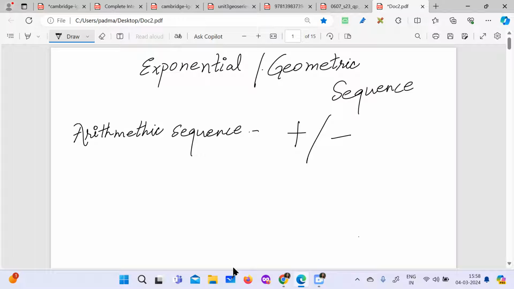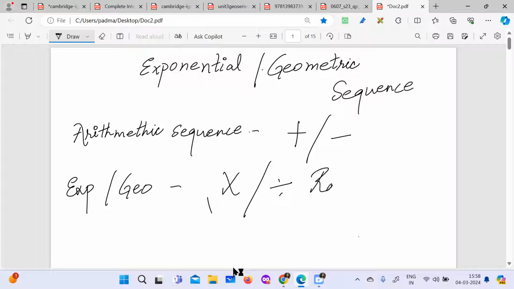When we speak about exponential or geometric sequences, we get each term by multiplying or dividing. Generally, we call it multiplying only, and we refer to this as the ratio. In an arithmetic sequence, how we get the next term is referred to as the difference.